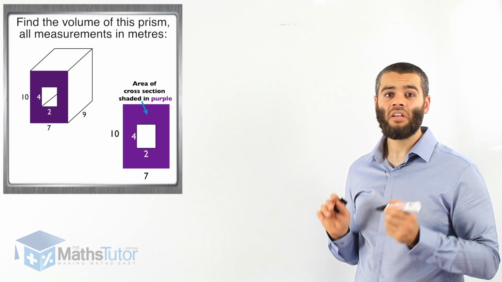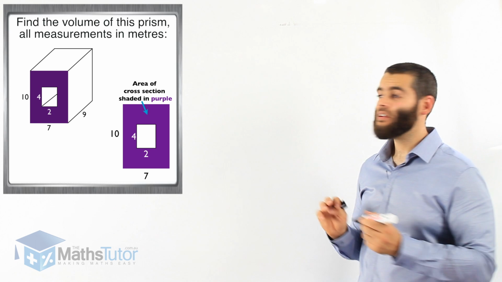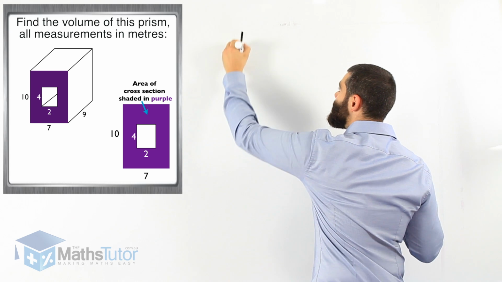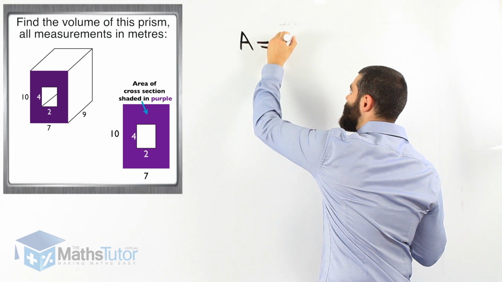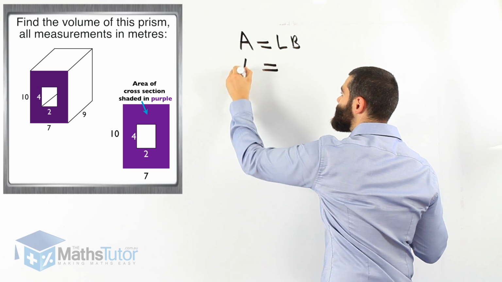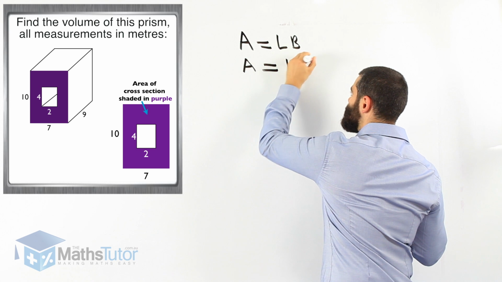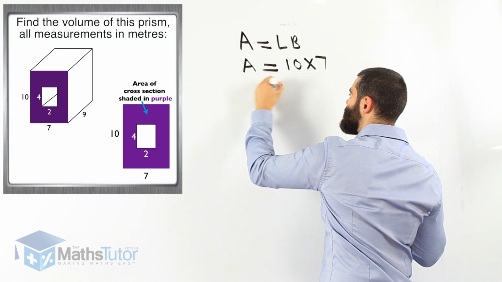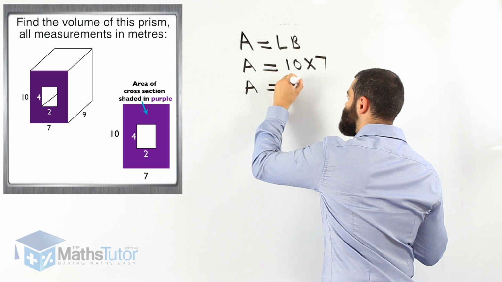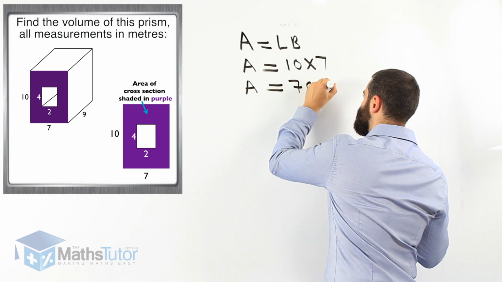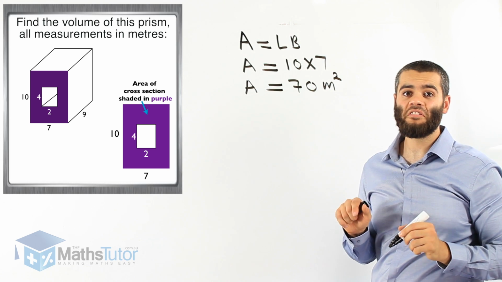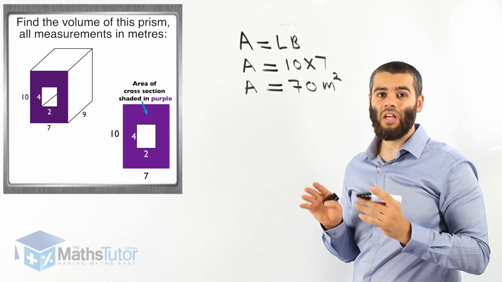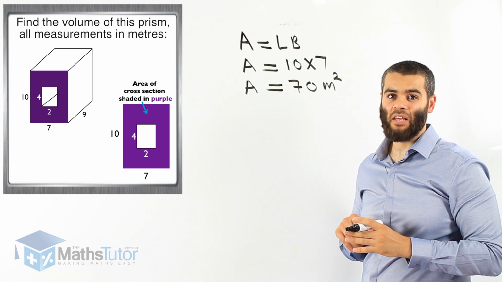It has measurements 10 and 7. We have the area length times breadth, 10 times 7, 70 square meters. 70 square meters is the total area of that rectangle.